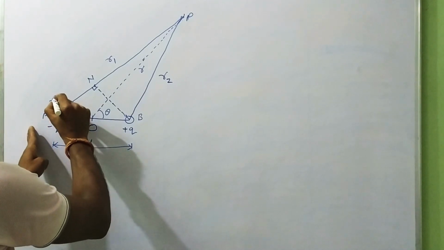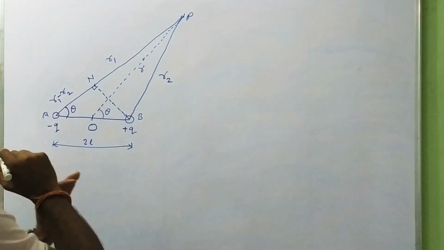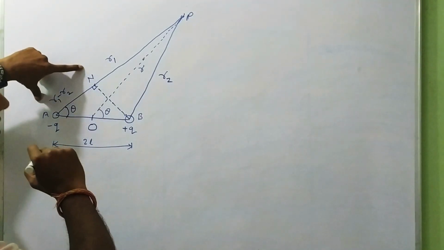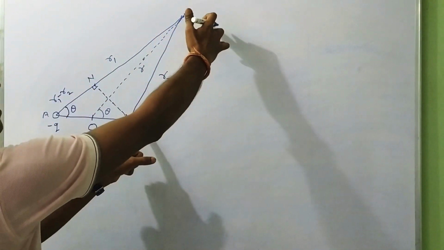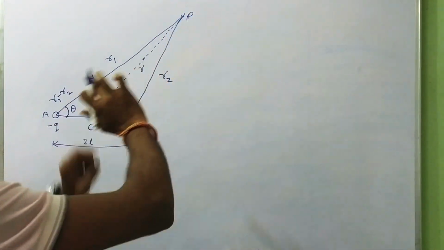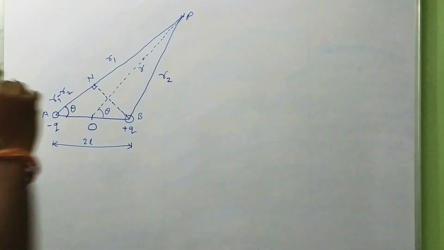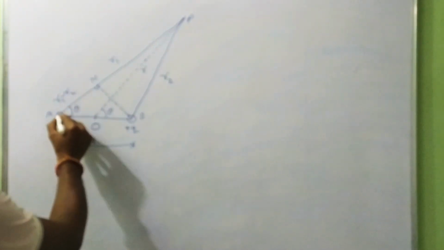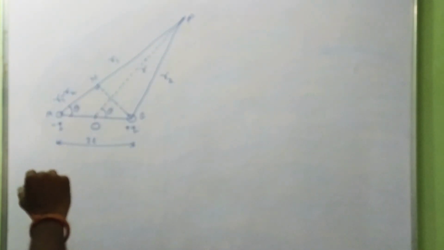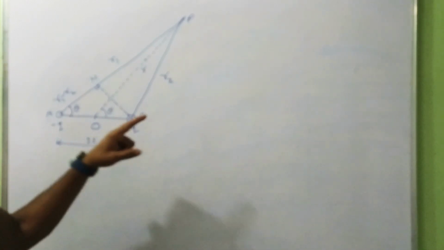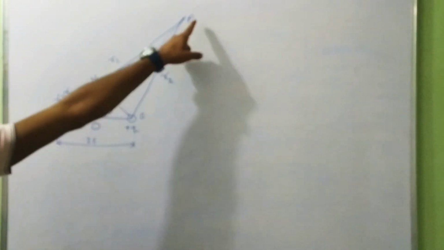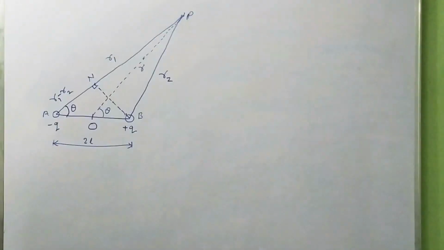This is the difference between the two distances, R1 and R2. Now this is the triangle. Now we have to find the electric potential at point P.